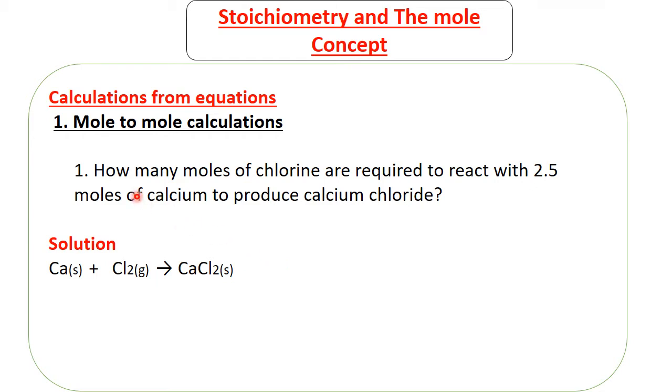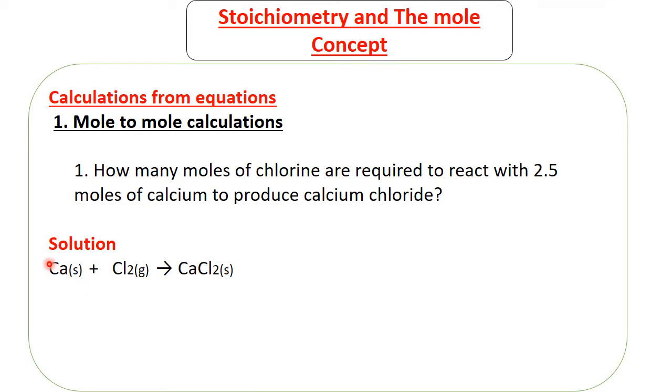With that being said, let's see how we can tackle this one. How many moles of chlorine are required to react with 2.5 moles of calcium? This is an equation. This is what always happens. In this equation, we have 1 mole of calcium reacting with 1 mole of chlorine.